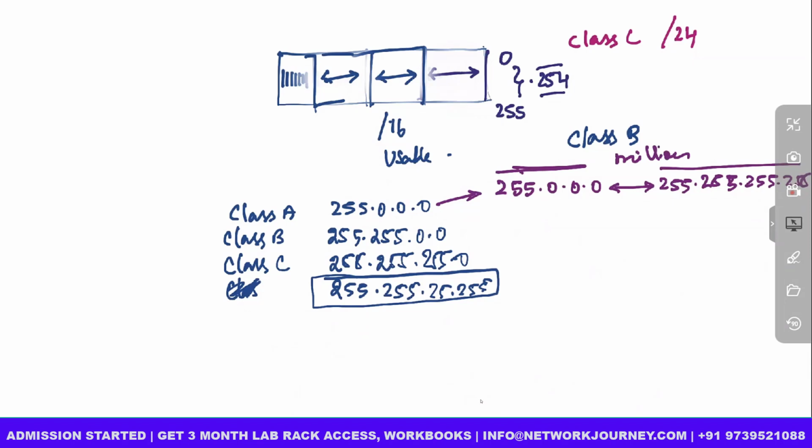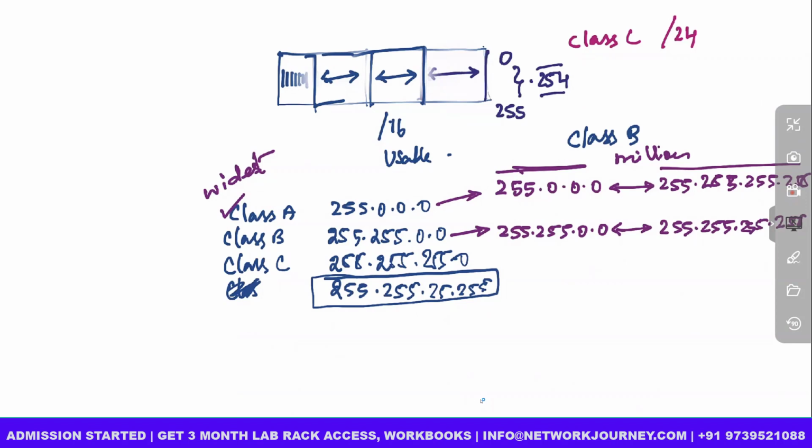Among all three, this is the widest range. Whereas class B would start with giving you IPs in this range, 255, 255, 255.